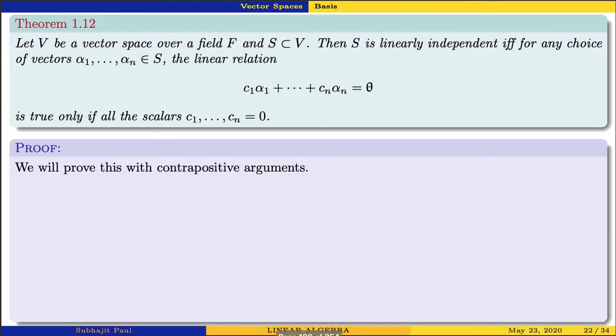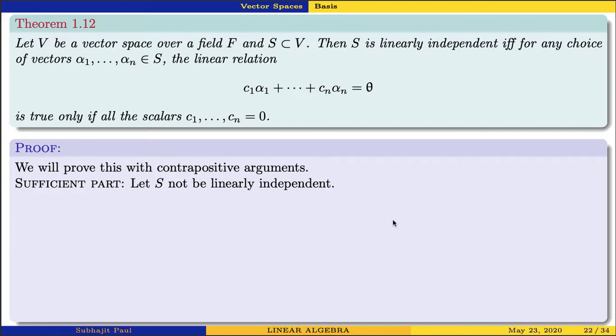Let's see the proof. We'll prove this with contrapositive arguments. Sufficient part. That means we assume that this condition is true, and we are going to show that S is linearly independent. So we want to show that the condition implies linear independence.